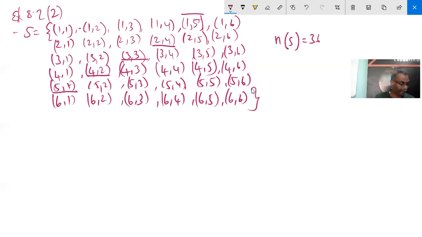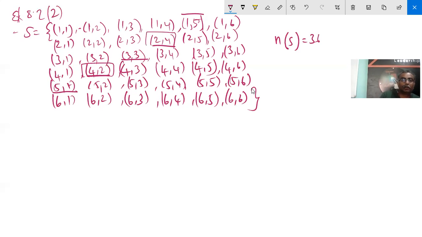Right. Now he's asking, what is the conditional probability that the number 4 has appeared at least once? The number 4 has appeared at least once only here and here.